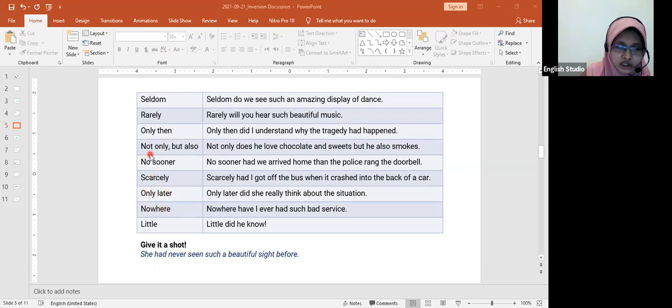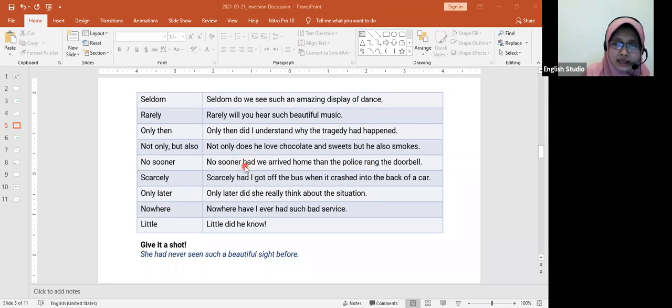Scarcely, I think you might have already seen before. But no sooner and only later are maybe not quite frequent. For example, only later did she really think about the situation, or no sooner had we arrived home than the police rang the doorbell. We have to be careful here.